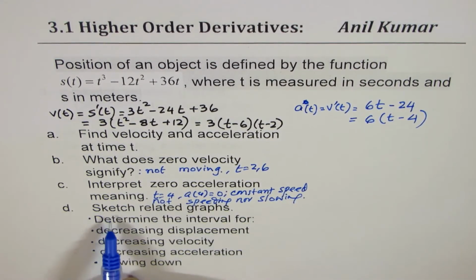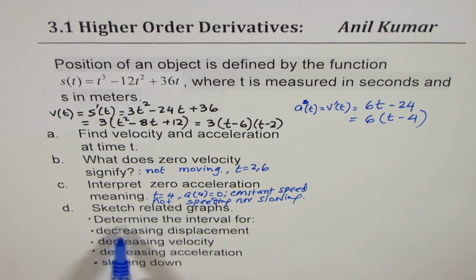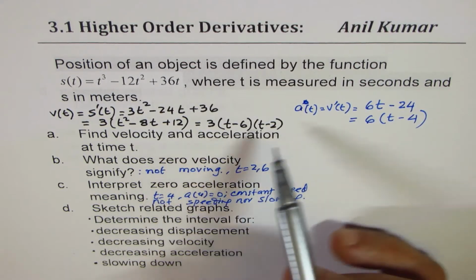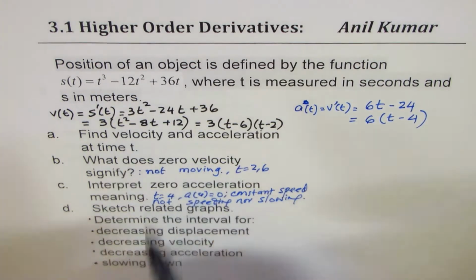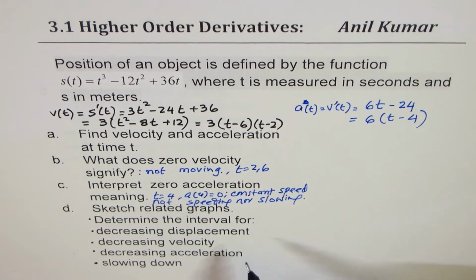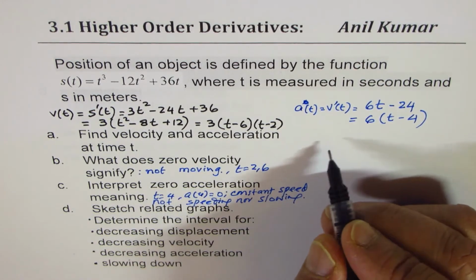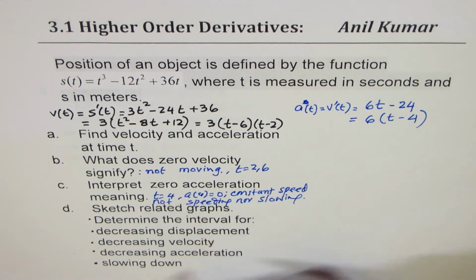Perfect. Now we have sketch related graphs, determine intervals. So this part we are going to do in the next page. So I hope with this you have understood basics about how to find velocity and acceleration given the displacement function. Perfect. You can add some more questions here which can help you to sketch a better graph.